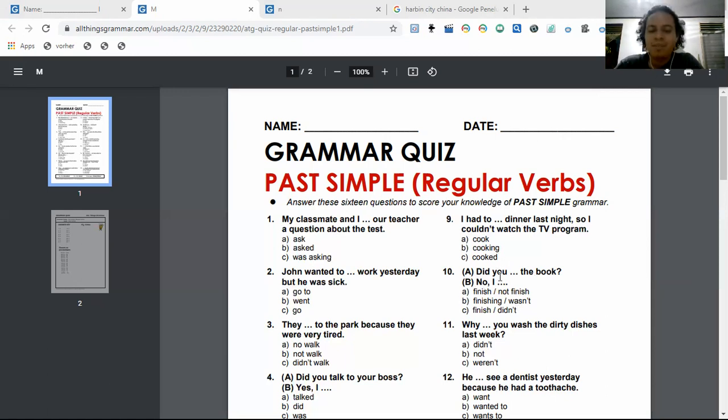Okay, good. But my question is, why do you choose finish with verb one?